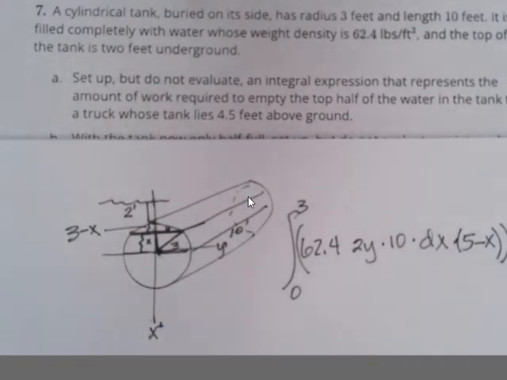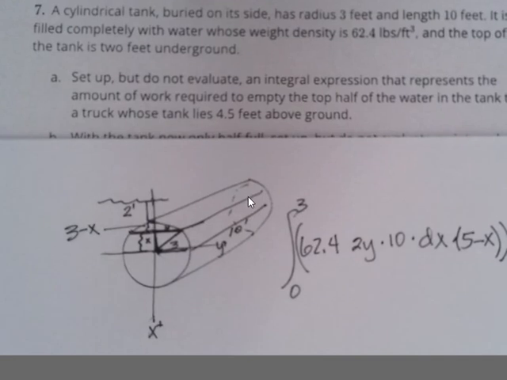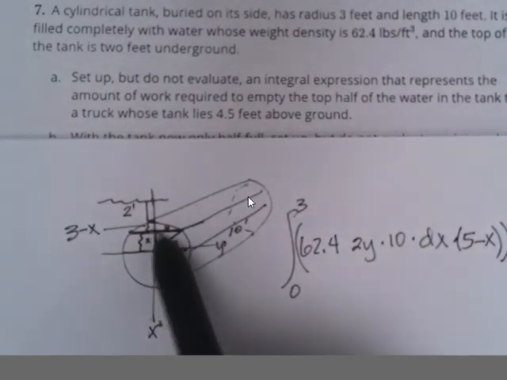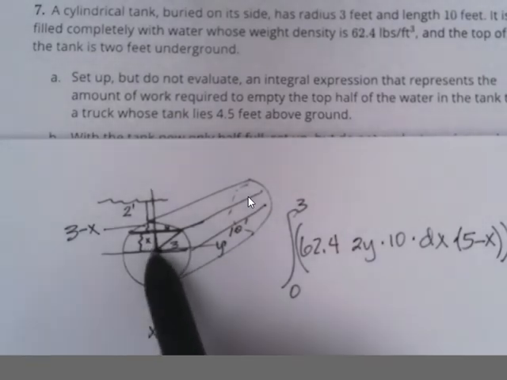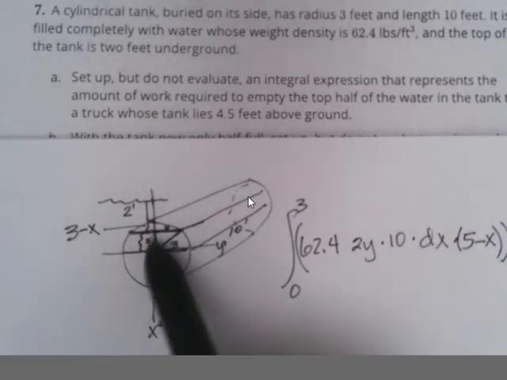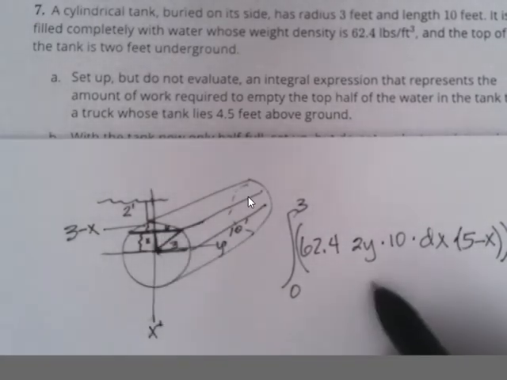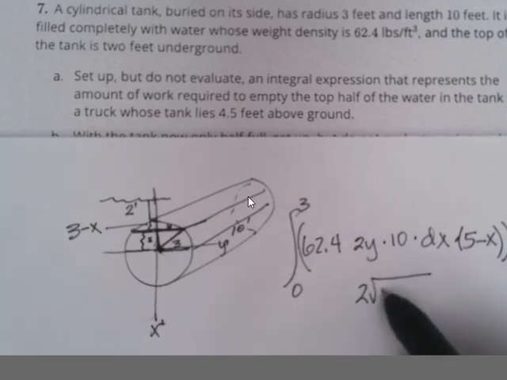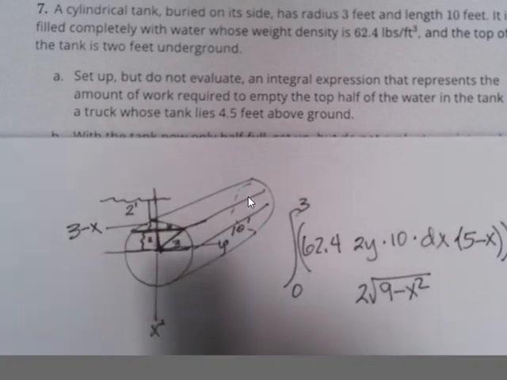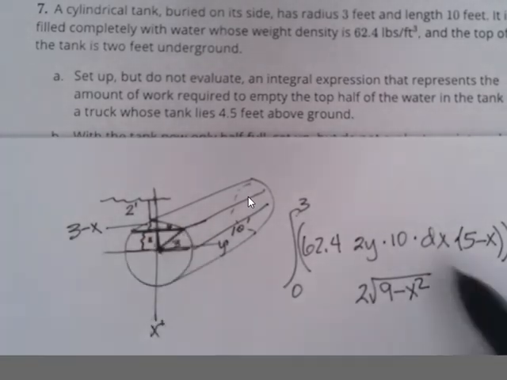We have a y in it. Got to get that out of there. Well, we have a triangle here. X is here, y is here, 3 is here. So y is the square root of 3 squared minus x squared, using the Pythagorean theorem on this triangle.